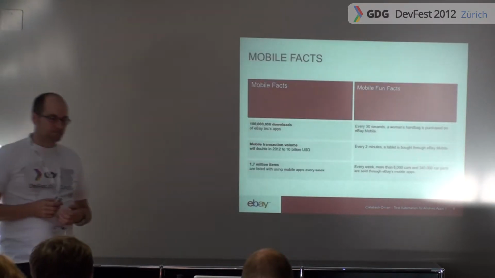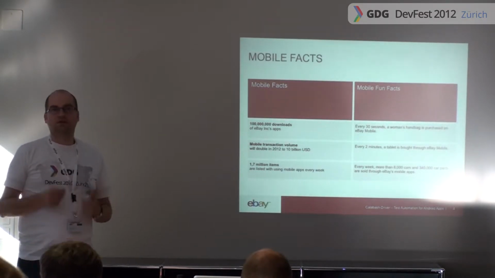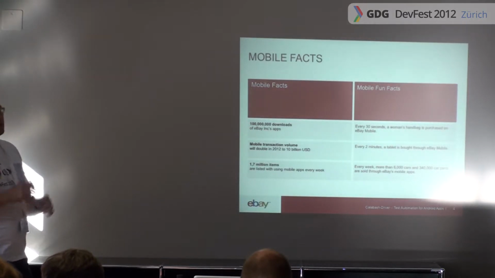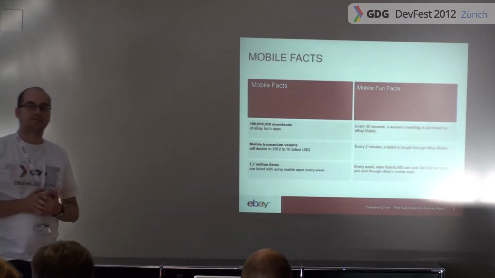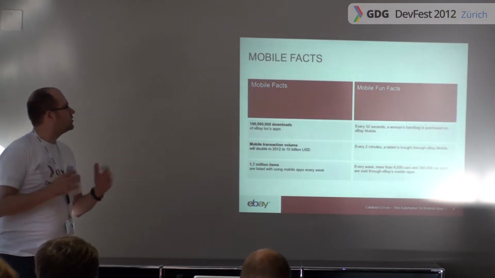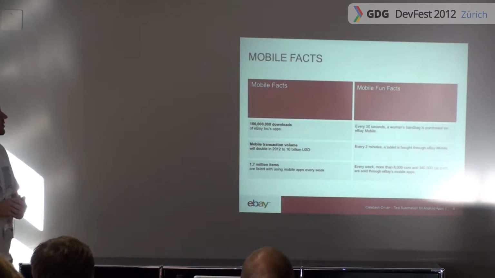Interesting is that for us, mobile is really, really important. It's maybe hard to read. It's our new presentation style, I'm just getting used to it. I probably need to increase the font size a little bit.